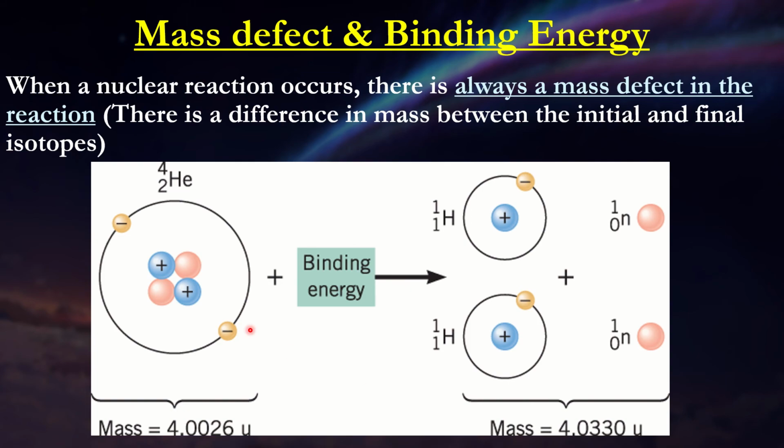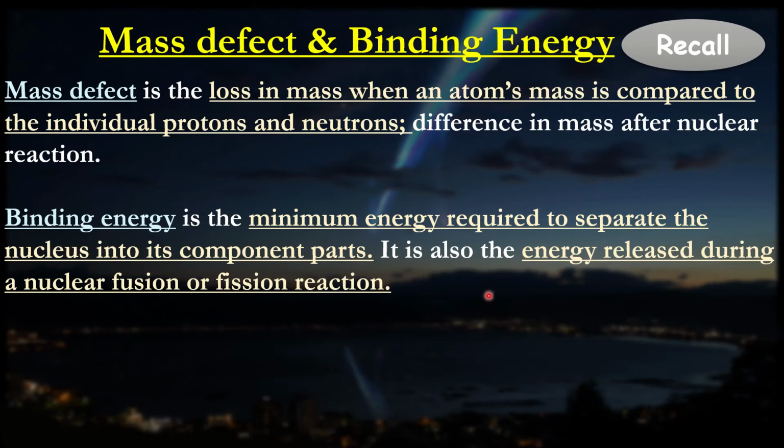In this process, when we get the breaking apart of the atomic nucleus, we have something called the mass defect. Essentially, if we measure the mass before and after, there is going to be a slight difference in mass. The reason, as we talked about previously, is that mass is being converted into energy, as stated by Einstein's famous equation, E equals mc squared.